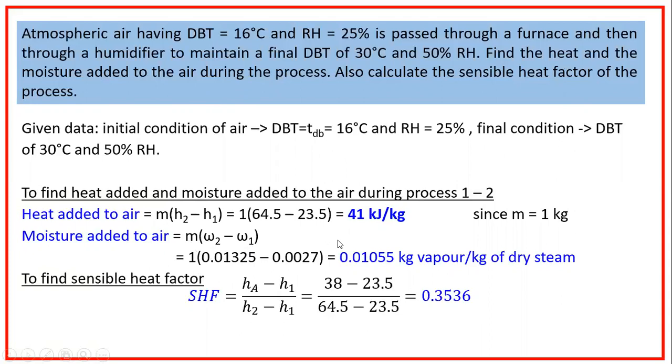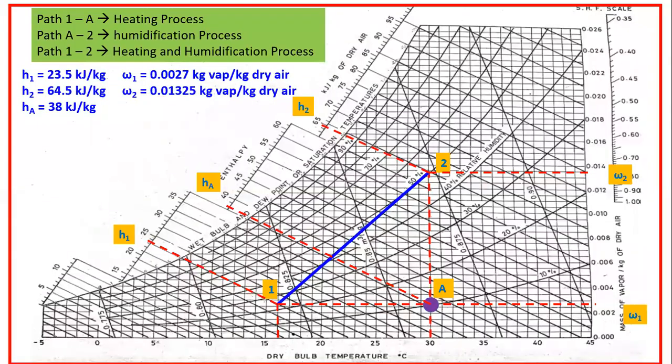Now let us first locate the points 1 and 2 on the psychrometric chart. Now let's go to the psychrometric chart. Point number 1 is located at 16 degrees centigrade dry bulb temperature and 25% RH. So this is 15 degrees centigrade, then this is 16 degrees centigrade.